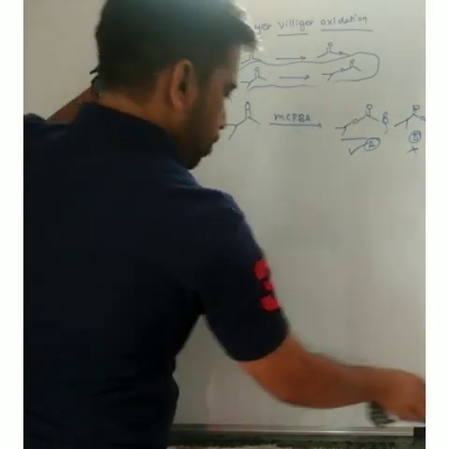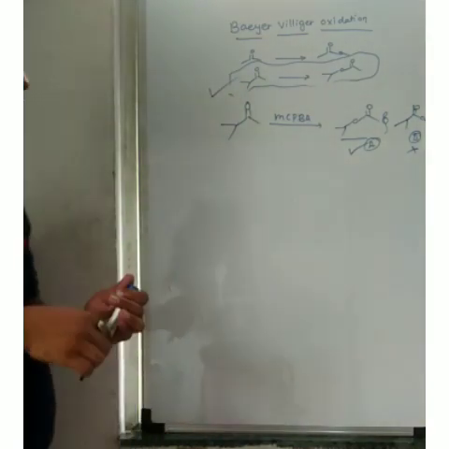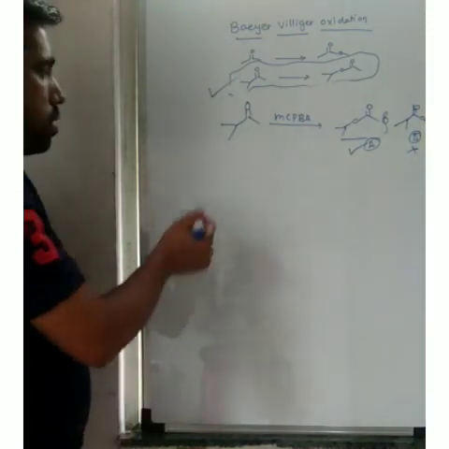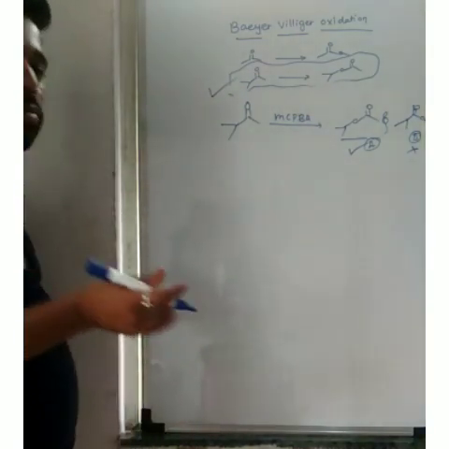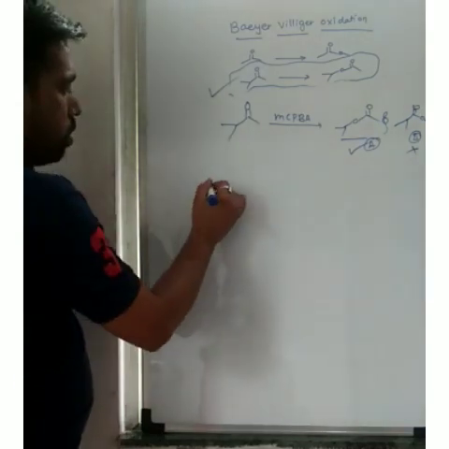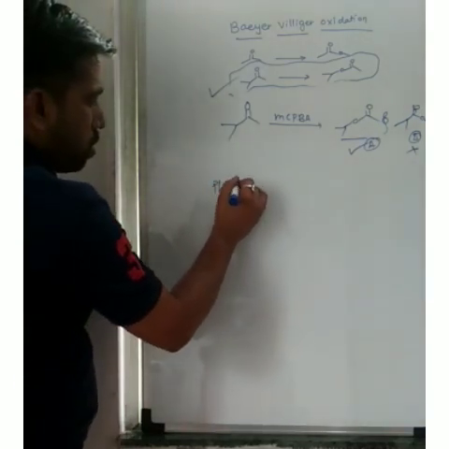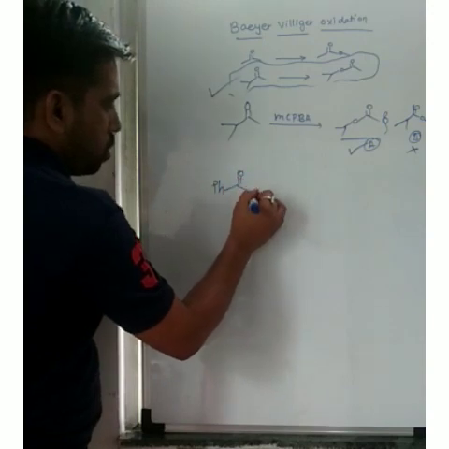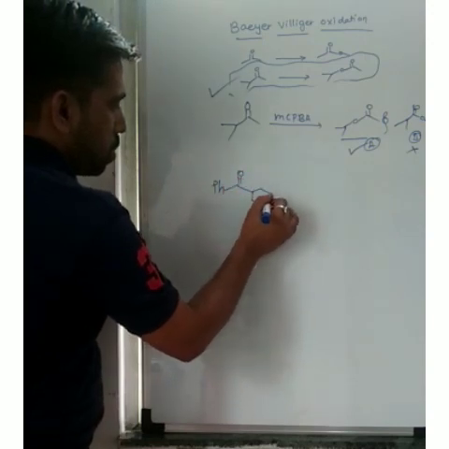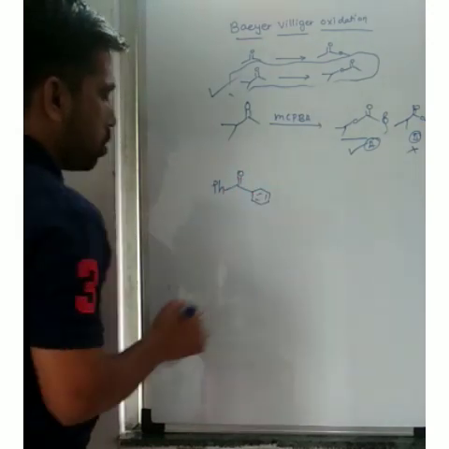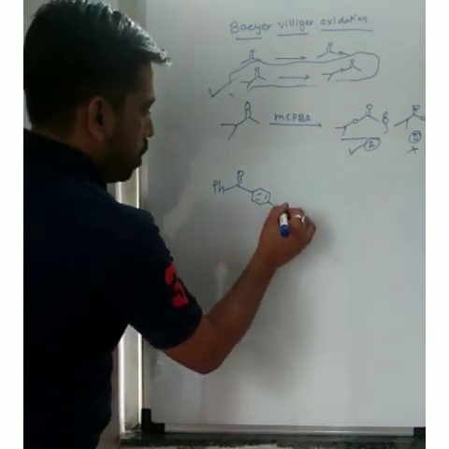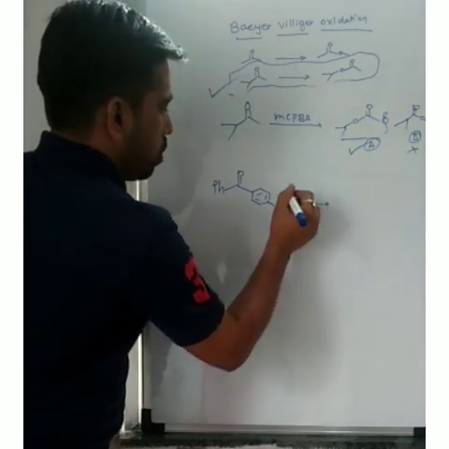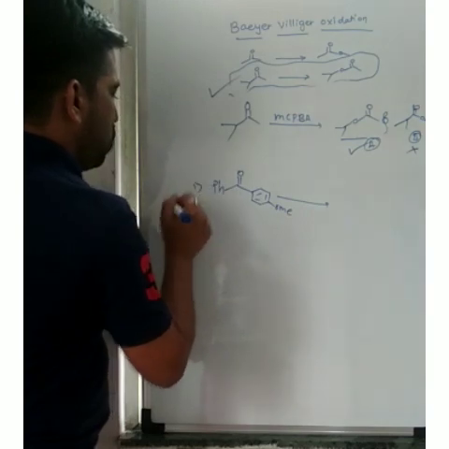Now, between the phenyl rings or aryl rings, which has the migratory aptitude? For this, see the example. Suppose at the para position there is a methyl group. This is the first example.